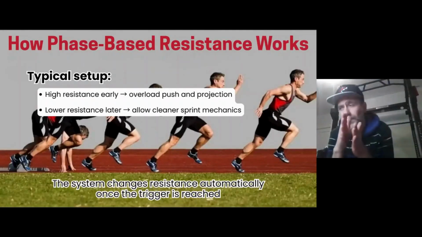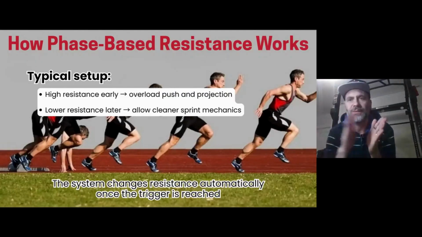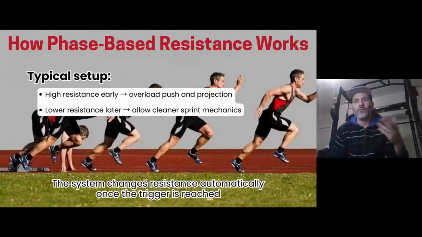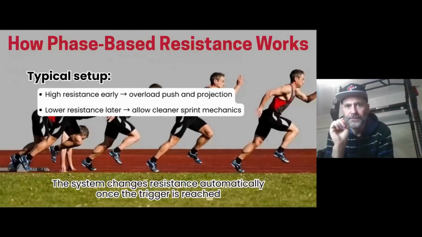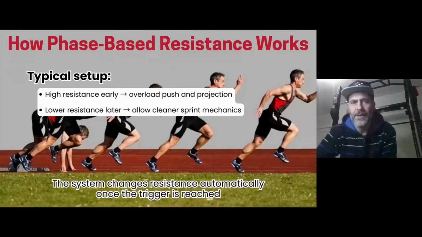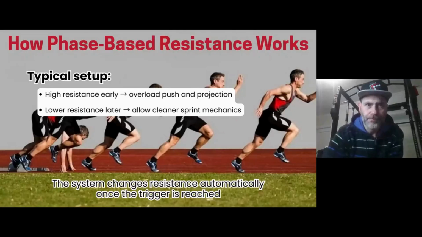This is going to preserve the benefits of resisted acceleration while allowing the athlete to transition into upright mechanics without distortion. It's a way to load the right qualities at the right time. That's extremely important.